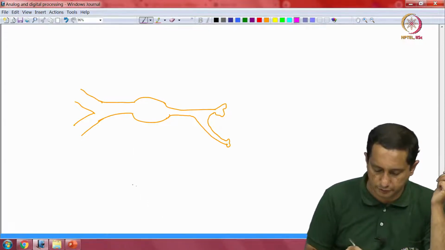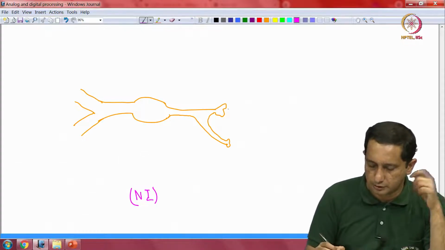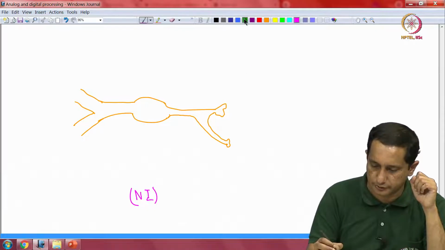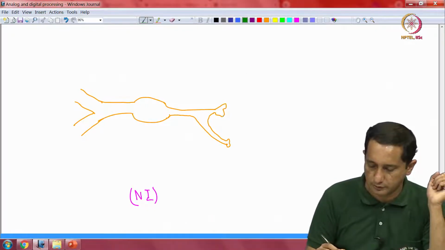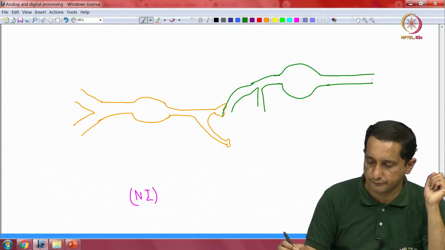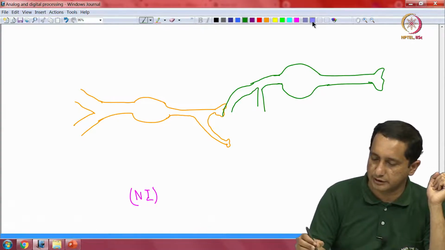So first neuron 1, then you have another synapse, and then that is neuron 2. And for simplicity's sake, I will make it a single neuron at the end of this.